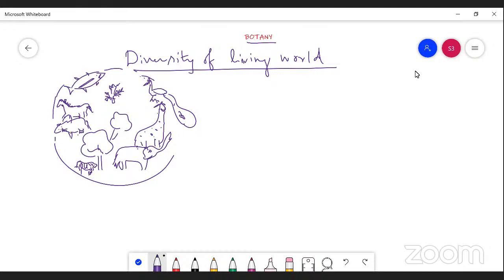The diversity of the living world: there are many species on the Earth. The Earth was formed some 4.6 billion years ago.